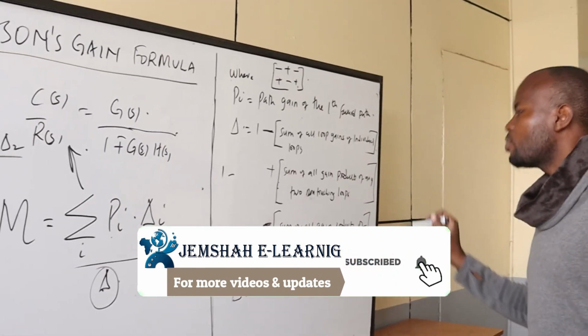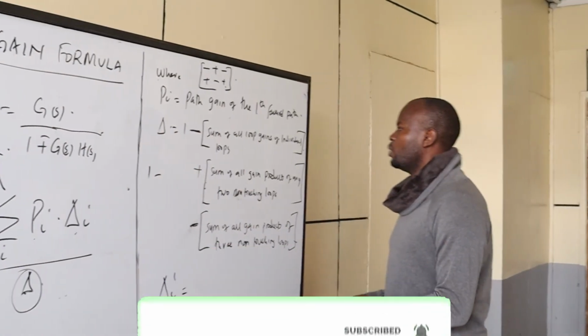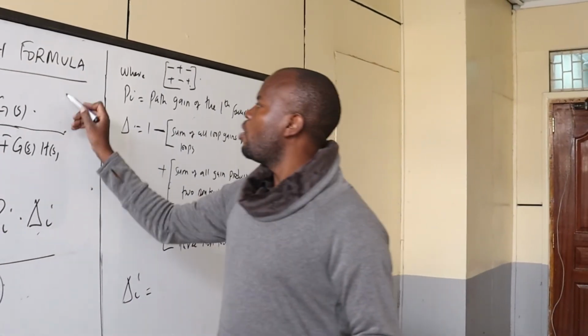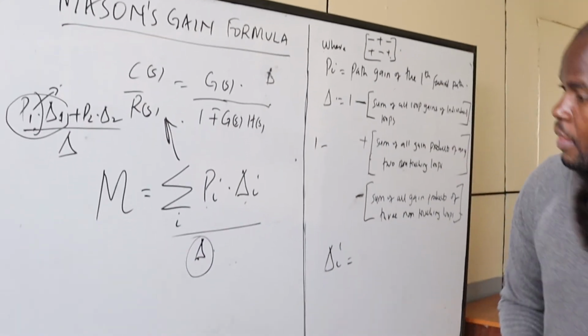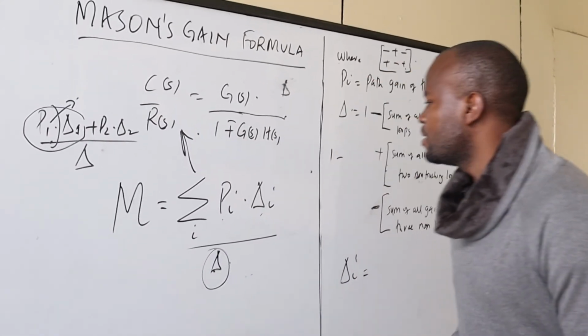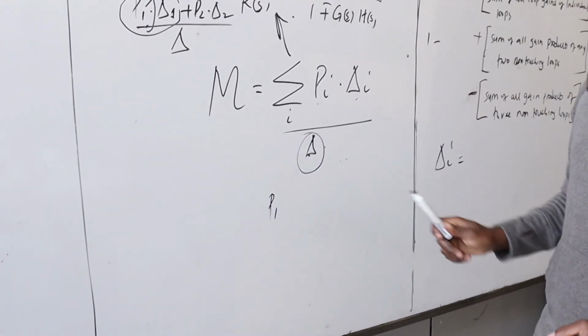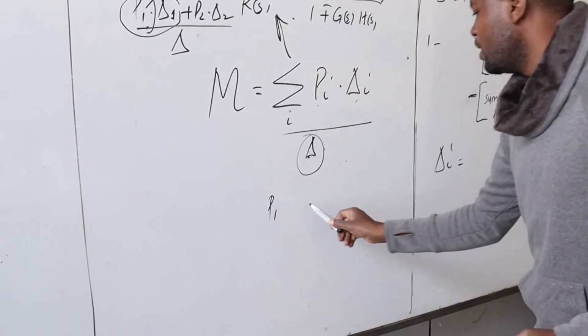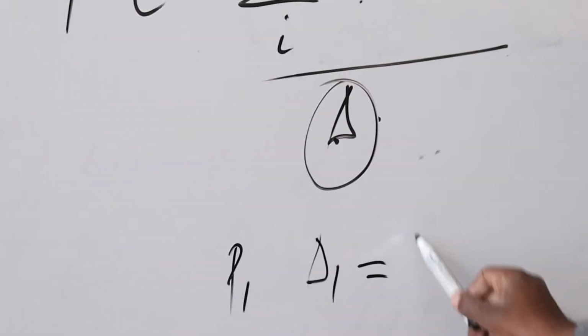But if a path touches all the loops, like if we talk of P1, the forward path 1, and it touches all the loops, then it means that the value of its determinant, delta 1, will be given by 1.